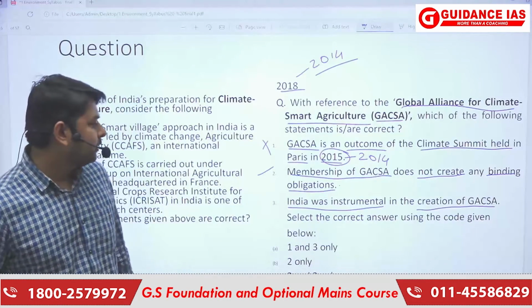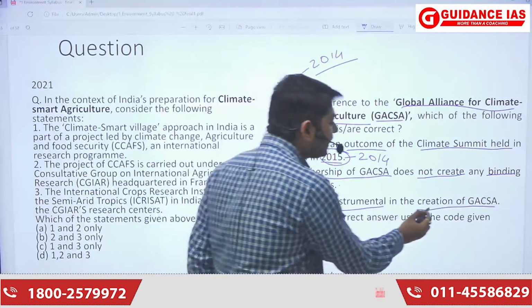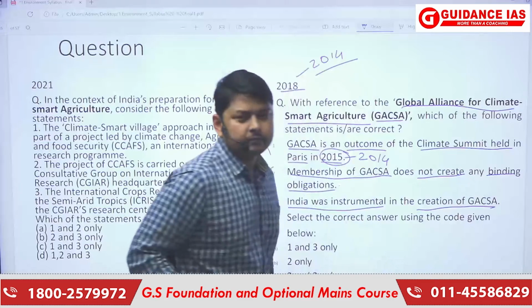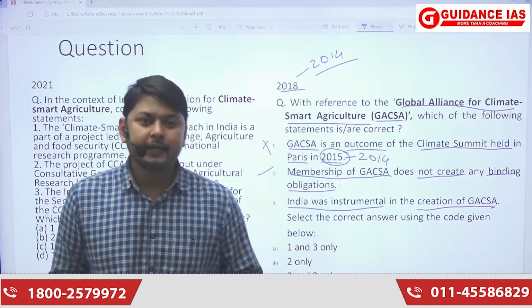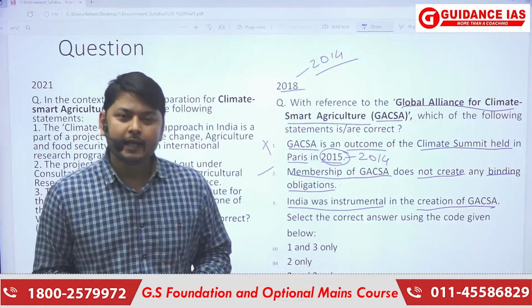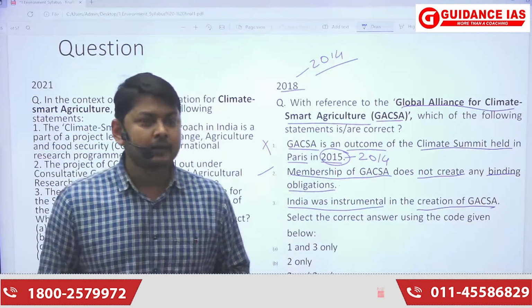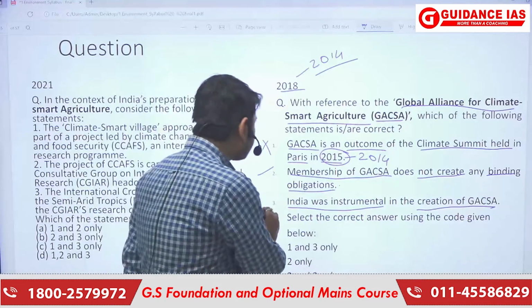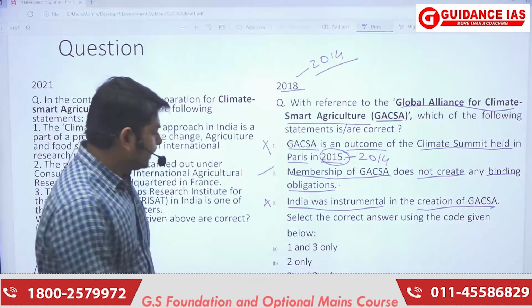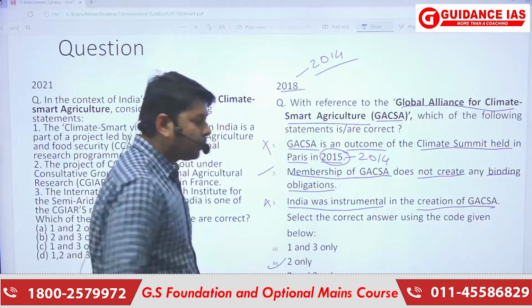The third option says India was instrumental in creation of GACSA. If we see the news properly, India was a signatory, but it played no instrumental role in the creation of GACSA. So this statement is wrong. The correct option here is 2 only.